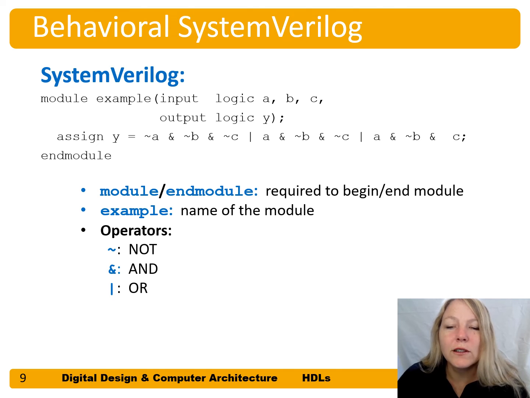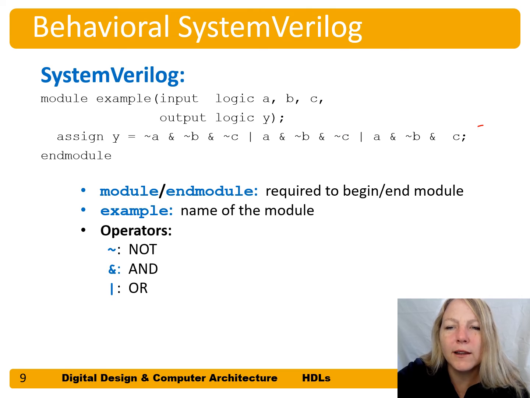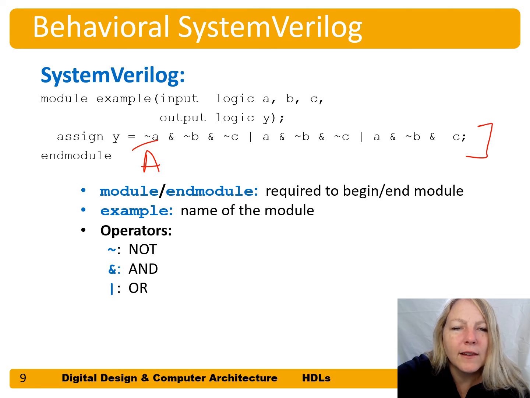So here's a behavioral SystemVerilog module. And so we have our interface and the module keyword and name example, the endmodule keyword, and now we look at the body of the module. So what the function of the module is. So in this case, it's a sum of products. So y equals tilde a means not a. This ampersand sign means and, then we have a not b, that tilde b, and not c.